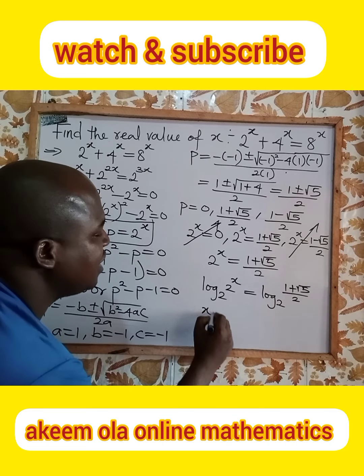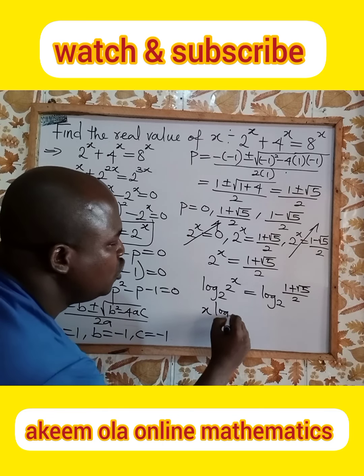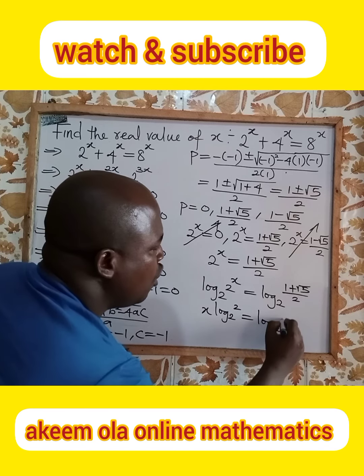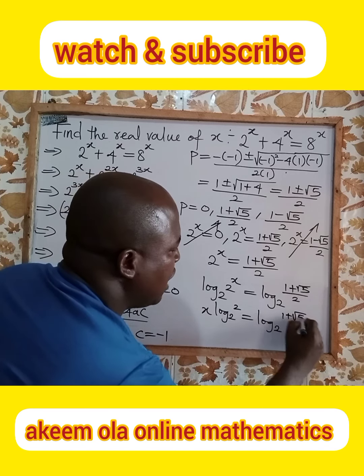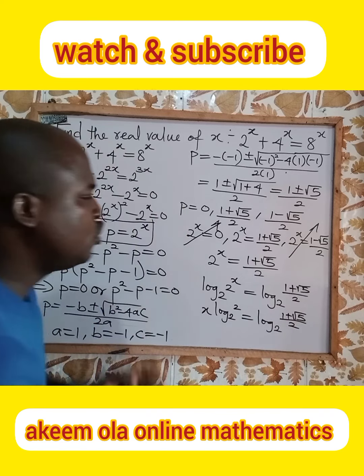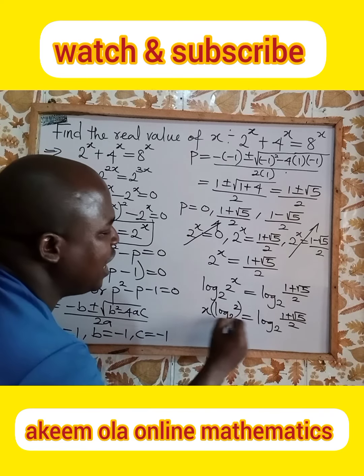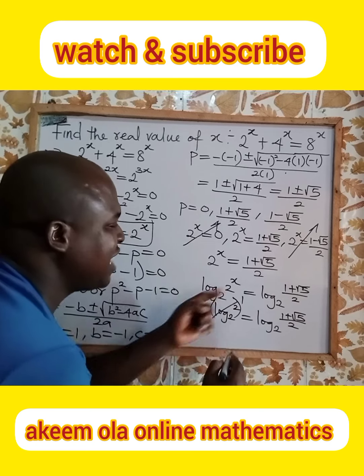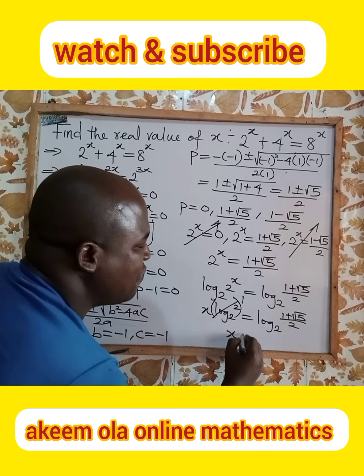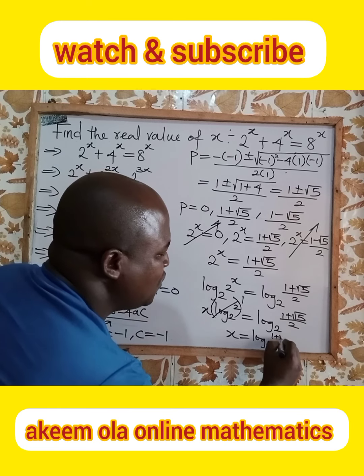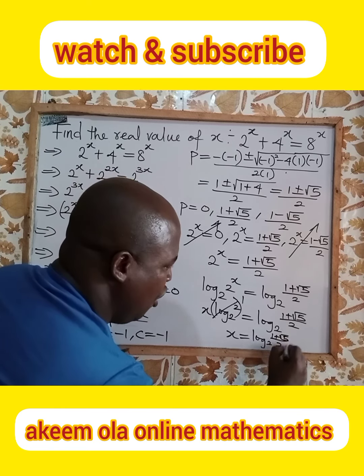So we have x log 2 is equal to log 2 of 1 plus root 5 all over 2. So from here, we can simplify. Log 2 base 2 will give us 1, and x times 1 will give us x. So we have our final answer: x is equal to log 2 of 1 plus root 5 all over 2.